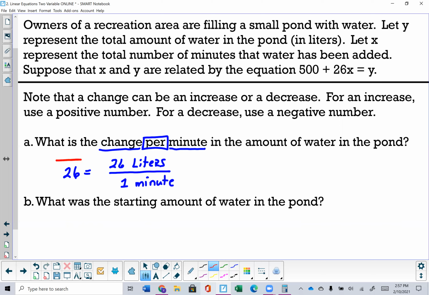Okay, so that's the answer for the first part. Second part, what was the starting amount of water in the pond? So it's saying, at the beginning, when x equals 0, what is your y value? Which is going to be your y-intercept. And in this case, this is 500, and the units will be liters.